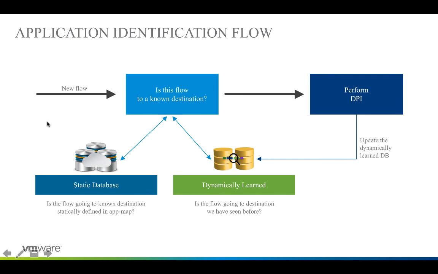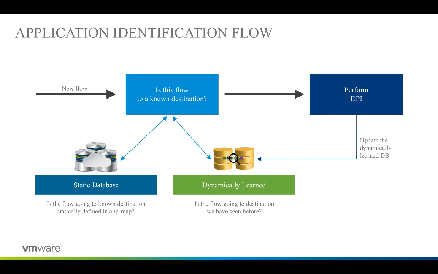This shows you the flow when the application traffic hits the edge device from the LAN side. We not only check the static database for the signatures, but we also dynamically learn them, we cache them, and next time we don't pass the flow to the deep packet inspection engine.